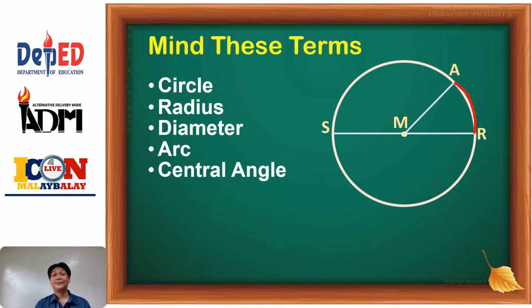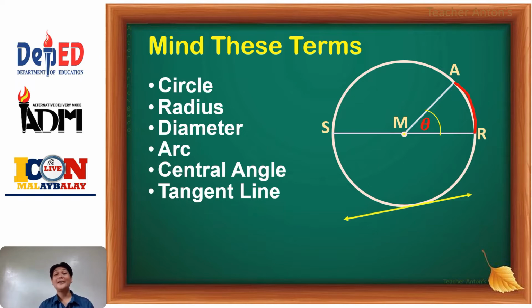Central angle. A central angle is an angle whose sides are radii of the circle. Just like this, we have there theta. The Greek letter theta usually represents the measure of an angle in geometry. So there we have angle AMR, which is a central angle. Next is tangent line.